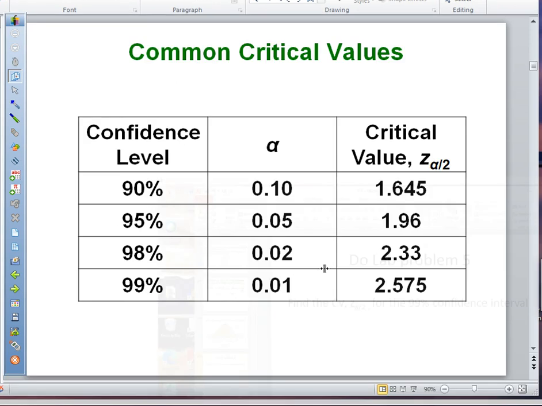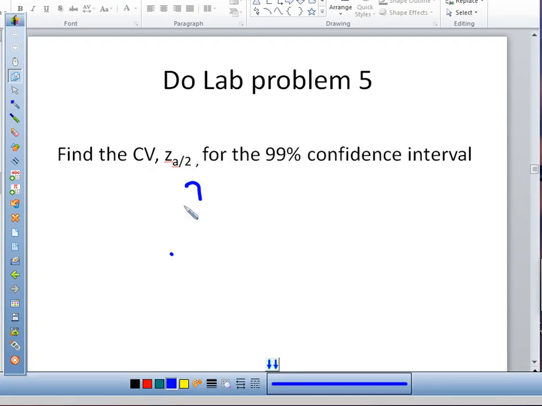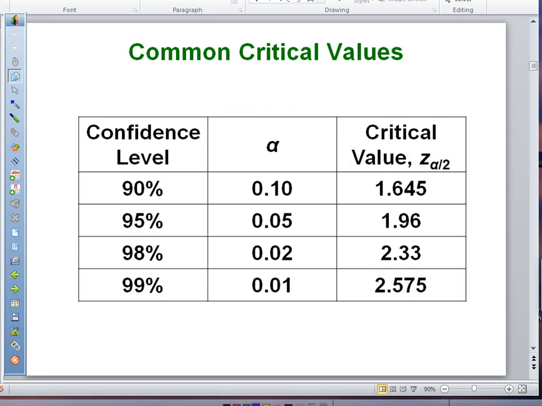It's going to be 2.575, so 2.58 is what we're looking for here. 2.58 when you round it, because let's get used to doing that since your book kind of wants you to do that for your homework, so then you'll be more ready for that. Okay, so that's that one.